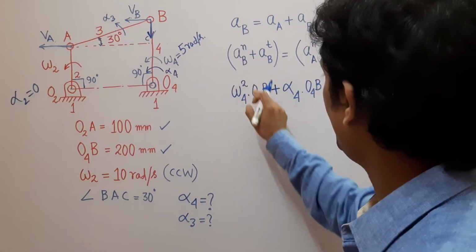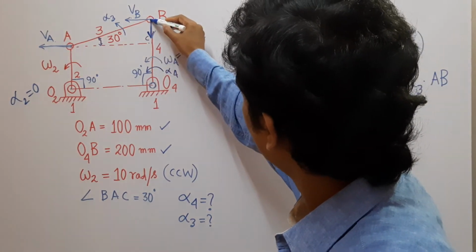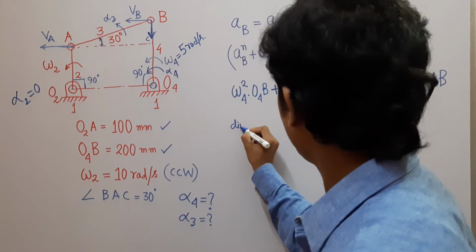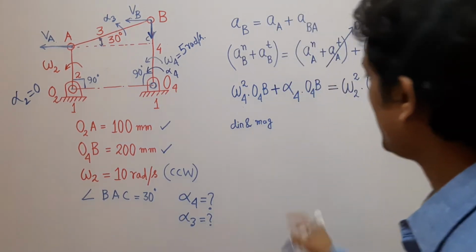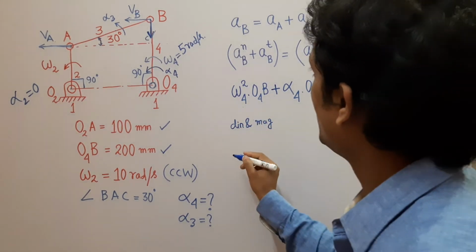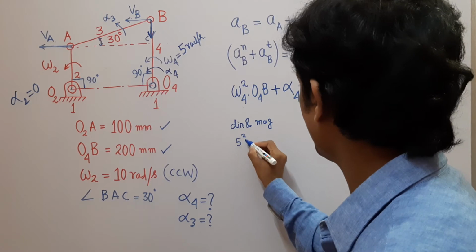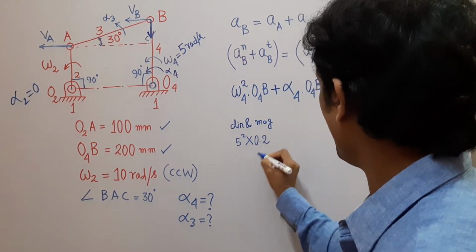For this ABN, which is from B to O4, downward direction. So direction and magnitude is known. What is the magnitude of the same? Omega 4 square, that is 5 radian per second, into O4B is 0.2.